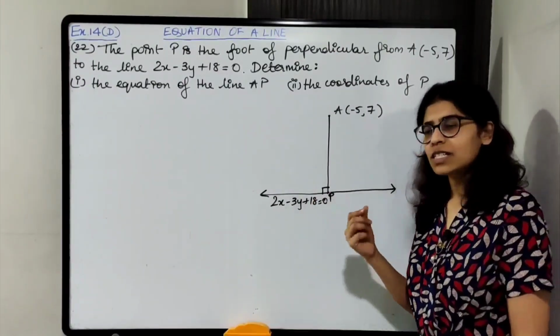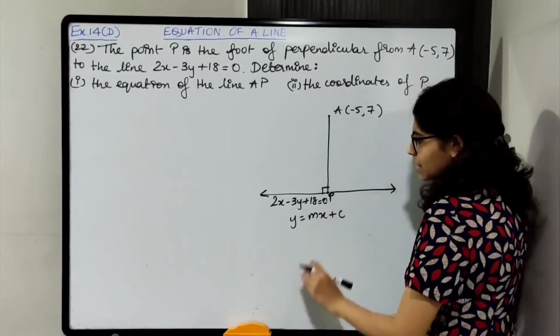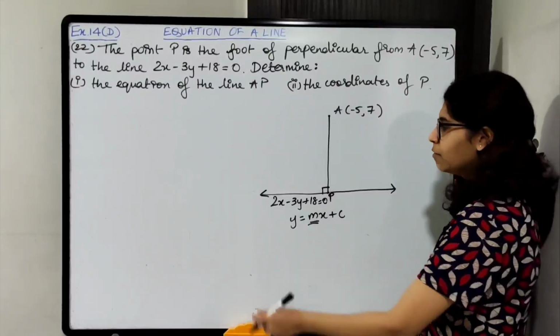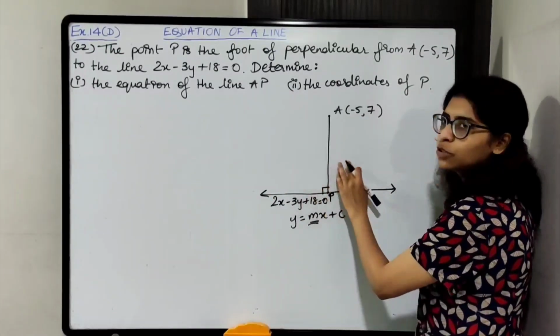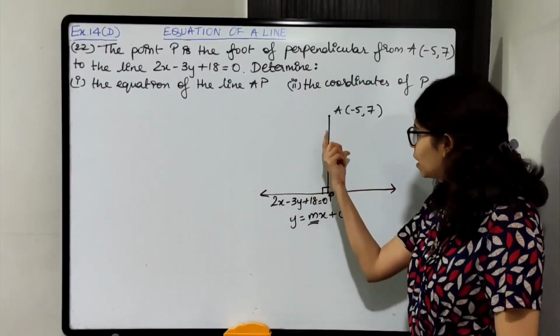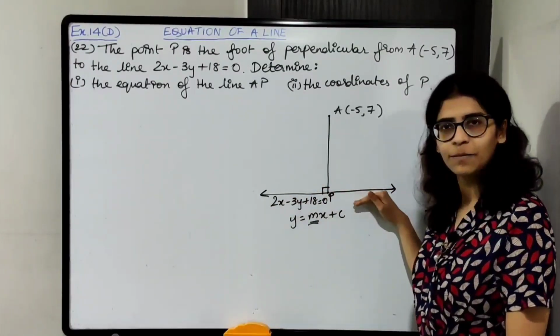Bring the equation to standard form, y equals mx plus c, and you'll easily get the value of the slope m. Once you get the slope of this line, we know the product of the slopes is equal to minus 1. So I'll easily get the slope of AP from the slope of this line.